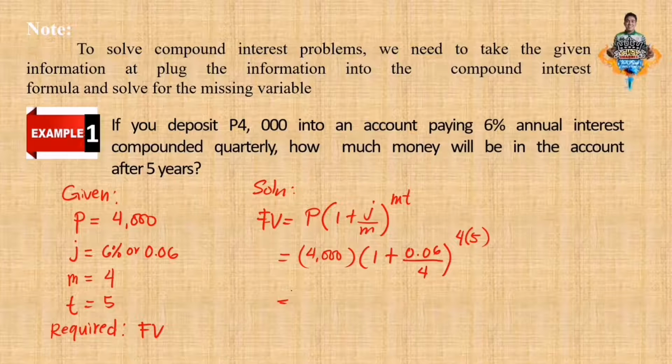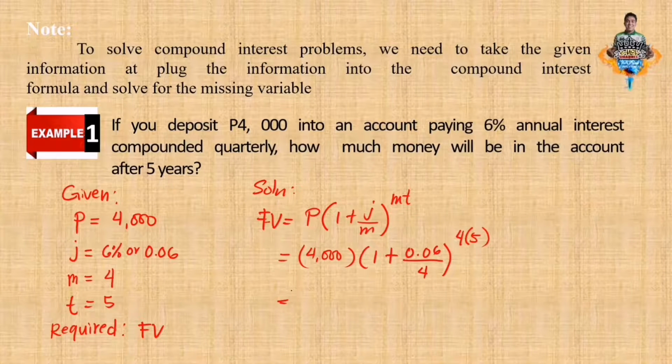So press 0.06 with your calculator or cell phone, divide by 4, the answer is 0.015, plus 1. The answer is 1.015. Using your calculator or cell phone, look for the key x^y. So press x^y. And we know 4 times 5 is 20. So to the power of 20.